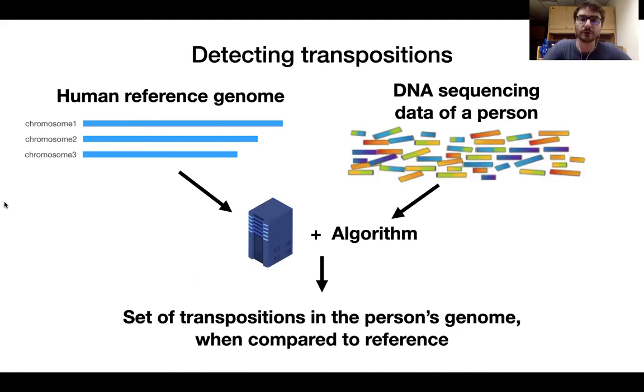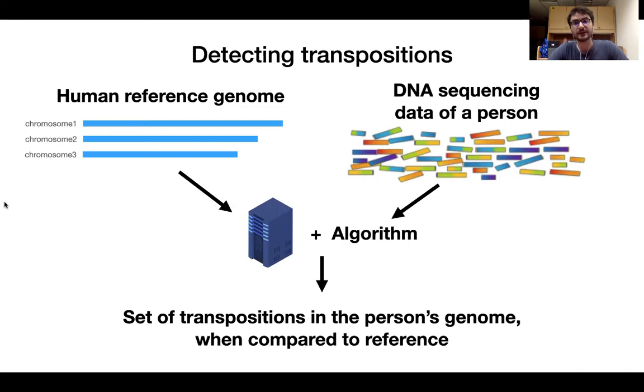As I said before, we are interested in detecting these variations. In particular, here we want to detect the transpositions. And in a typical scenario, we will have a reference genome, for example, the human reference genome, which is a complete or almost complete reference genome, which is assumed not to contain any variation.